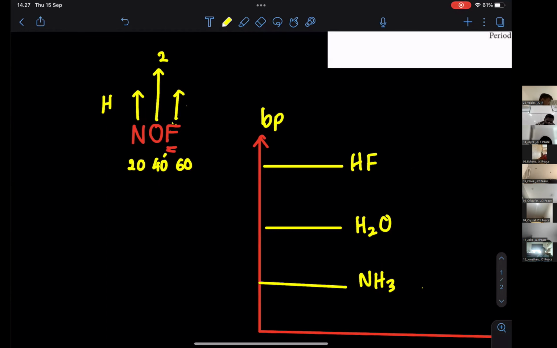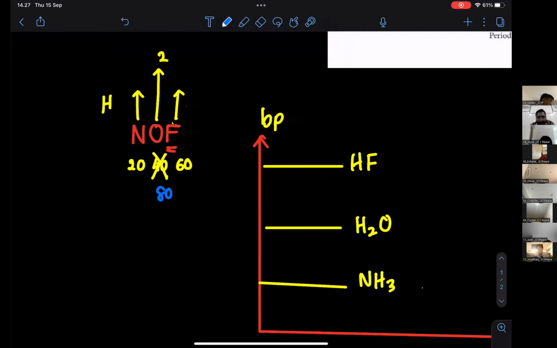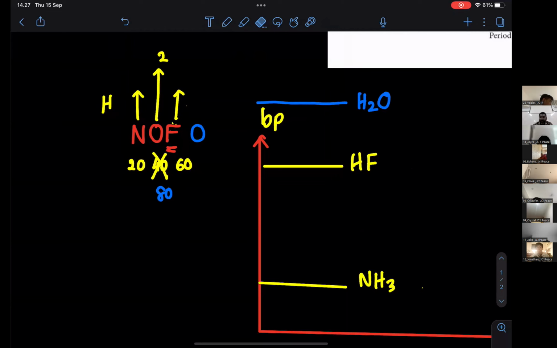So it's not 40, it should be 80. If you put 80, automatically oxygen will come in front of F. It means I need to erase this part and put H2O here, because of the two hydrogen bonds per molecule.